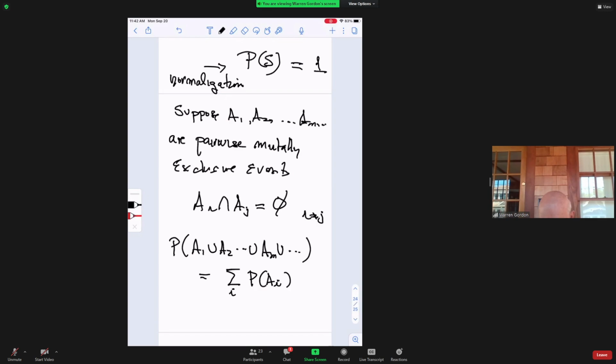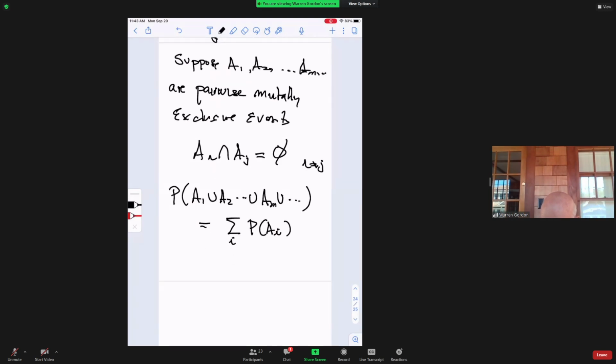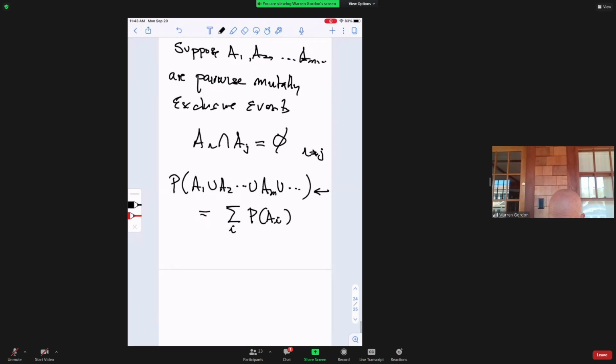Now, where did that come from? Remember the relative frequency of heads plus the relative frequency of tails. Well, I'm stating this. So far I have these two axioms. By the way, notice this could be an infinite union.